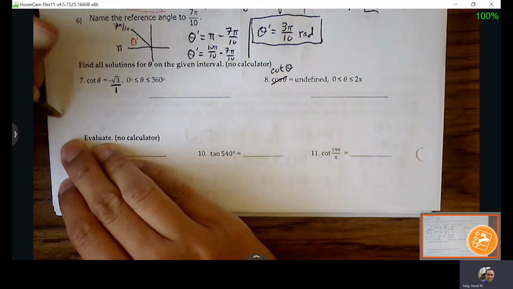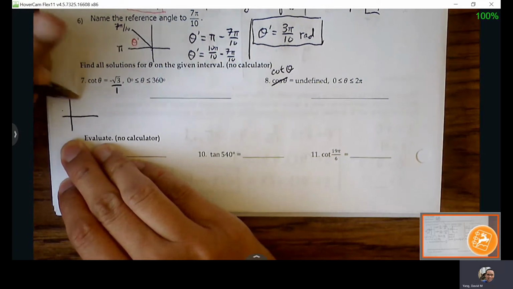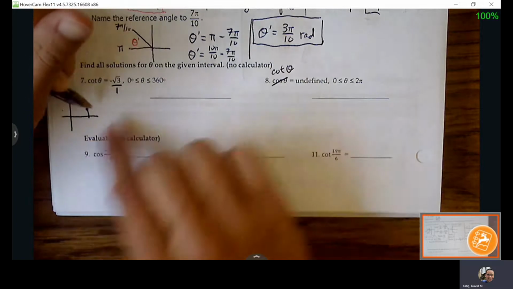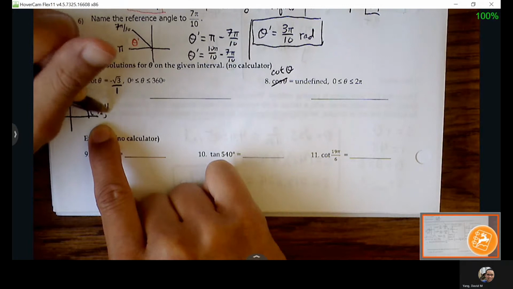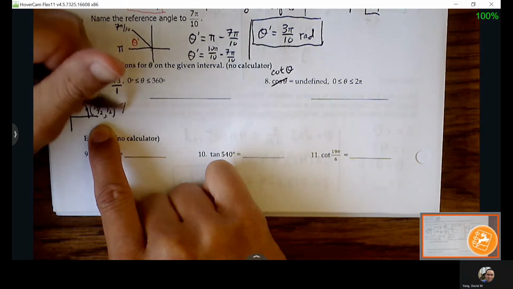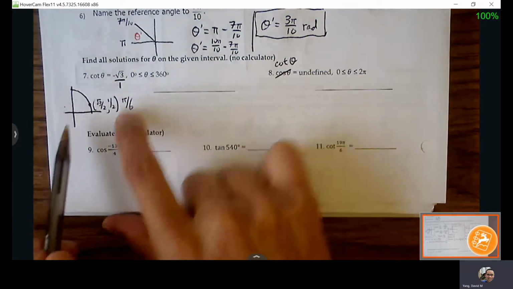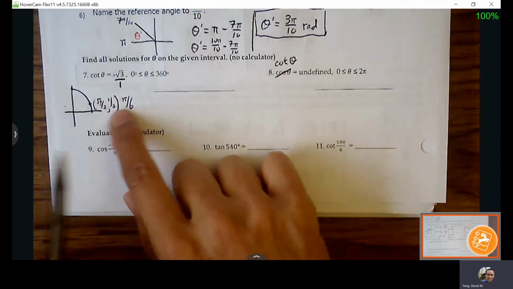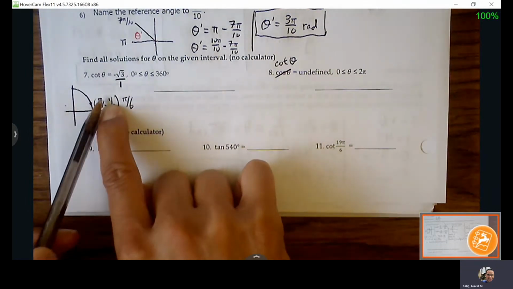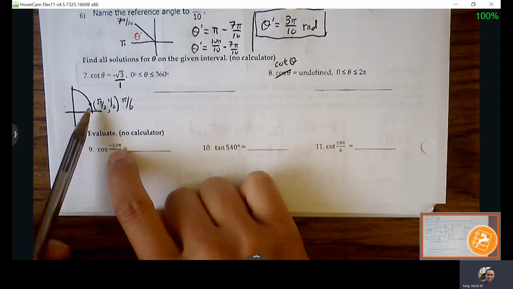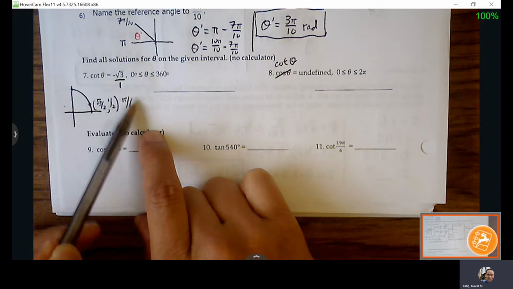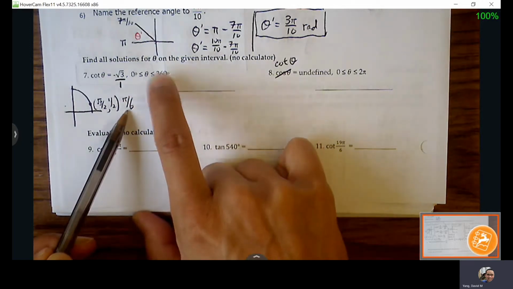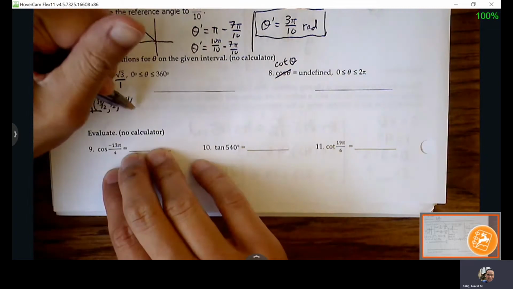If I'm just looking in the first quadrant, just to get an idea, it's going to be at that pi over 6 line. It's going to be a variation of pi over 6 because we know cotangent is x over y. If I were to cover up the denominator, x over y, root 3 over 1. This is not the correct quadrant because I want a negative, but I at least know where to look. It's going to be part of this pi over 6 family. Or, sorry, I have to leave it in terms of degrees here, so 30-degree family.